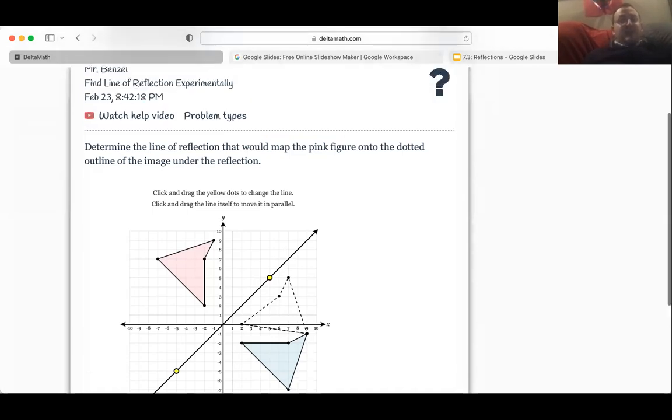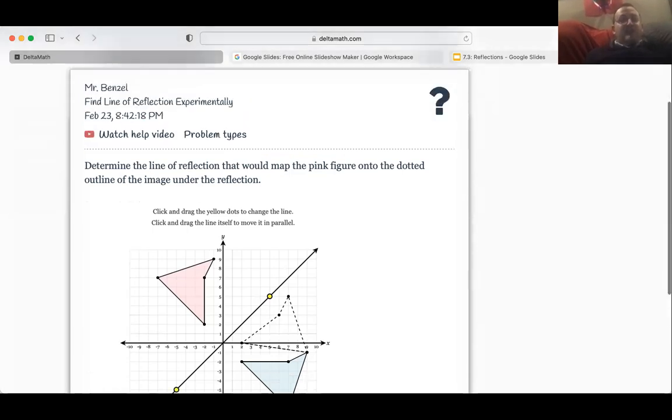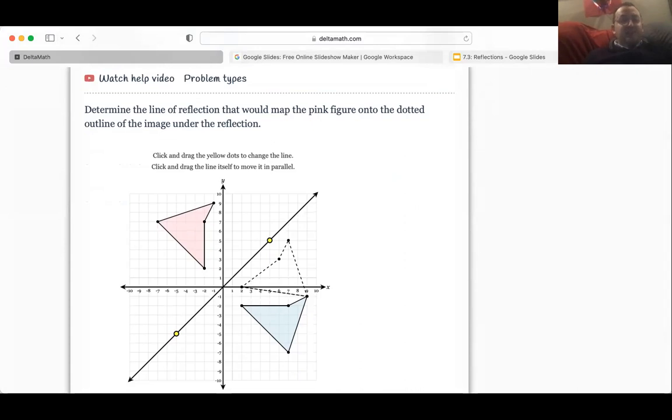The first type of neat exercise that we have is called Find the Line of Reflection Experimentally. It says, determine the line of reflection that would map the pink figure onto the dotted outline of the image under the reflection.